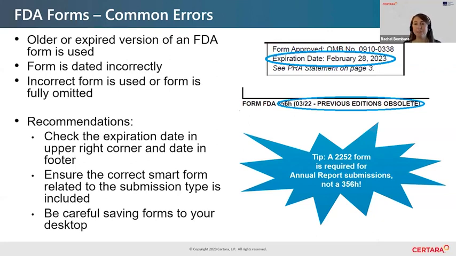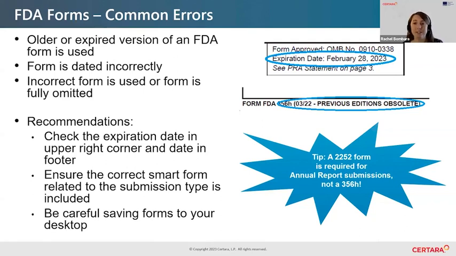So for all US submissions, these FDA forms are included, and there could be lots of little things that can happen. An older expired version of a form can be used, a form might be dated incorrectly, or maybe the wrong form is used, or even just fully missed.